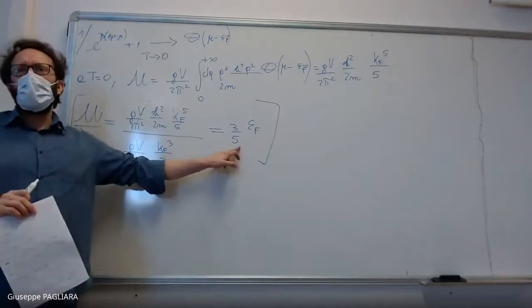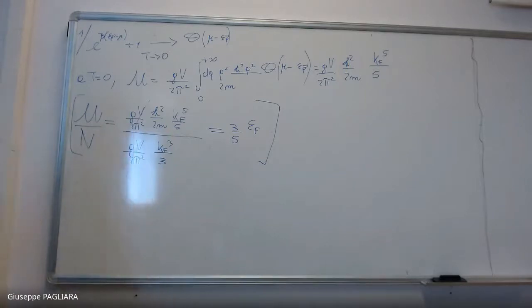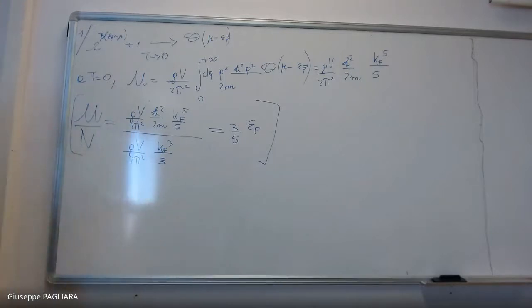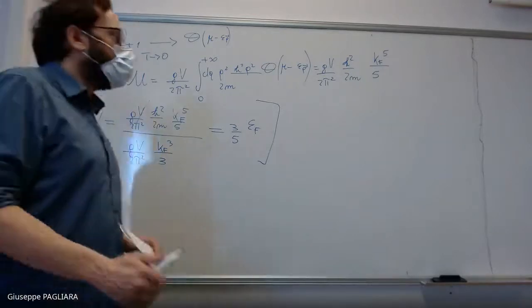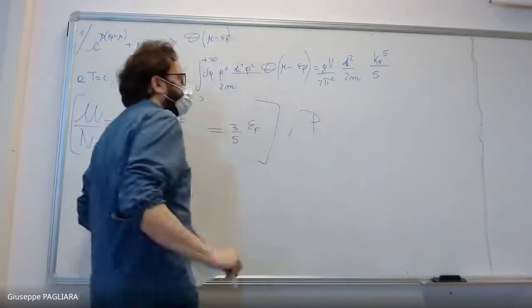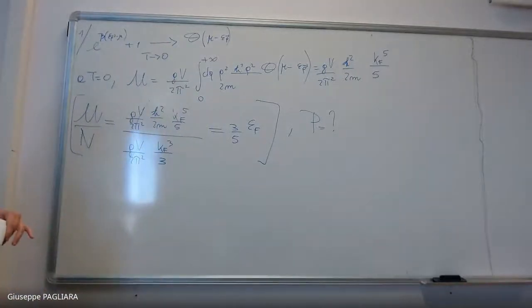This relation, you might remember this, right? Maybe from previous lectures. This is the energy per particle. Okay, one can go on and compute all the other quantities. In particular, one can compute the pressure. We have the internal energy, we can compute the pressure.